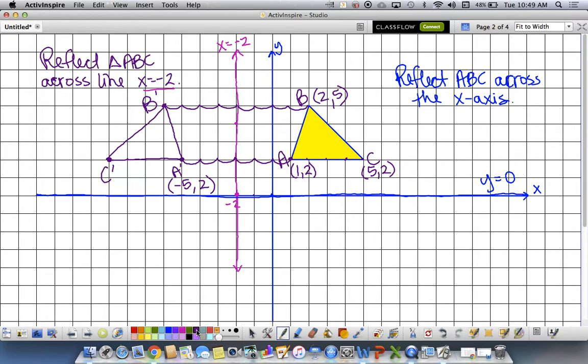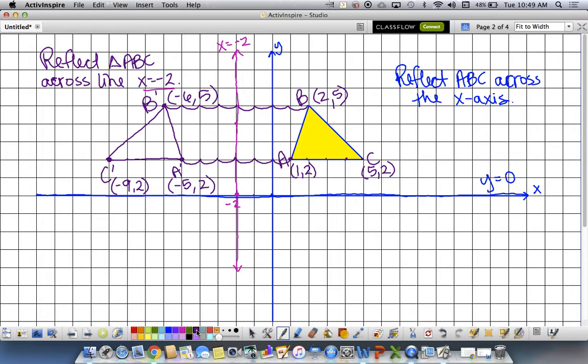What about B prime or C prime? It doesn't matter. So I've got -5, 6, 7, 8, 9. -9, 2. And B prime up here is -6, 5.